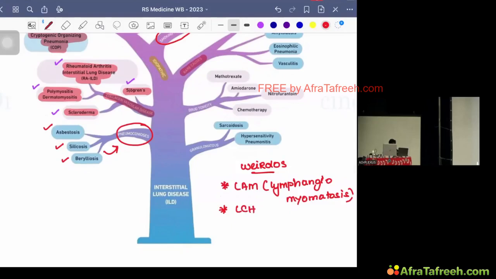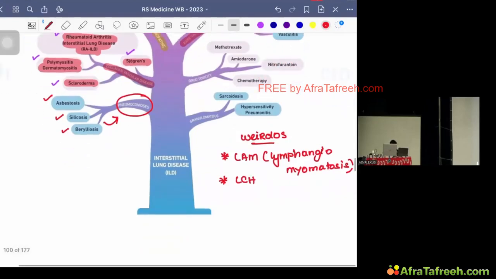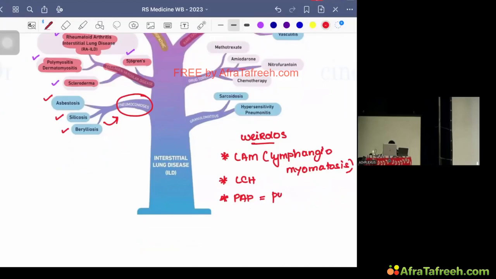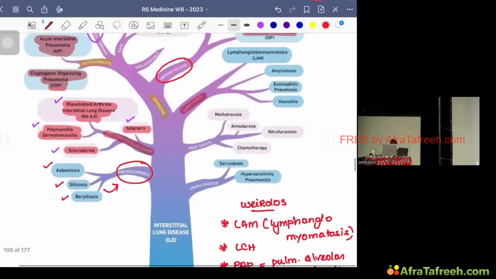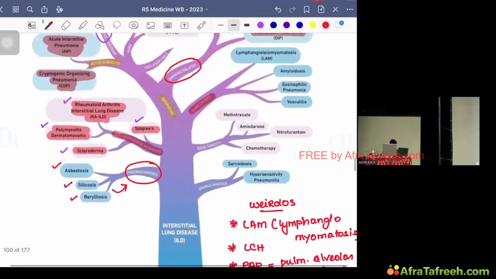Even though it is associated with smoking, it is also a weirdo. The next is PAP. What is PAP? Pulmonary alveolar proteinosis. So these are the conditions associated with interstitial lung disease.